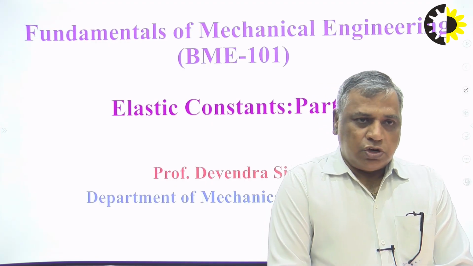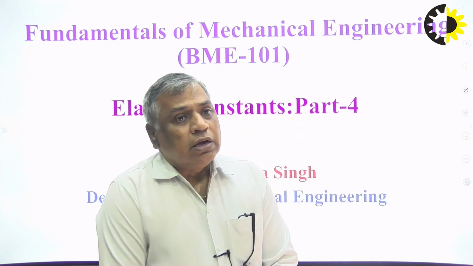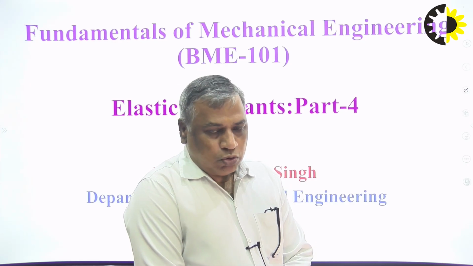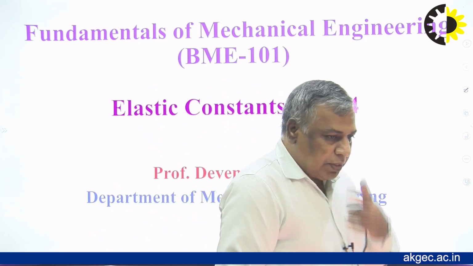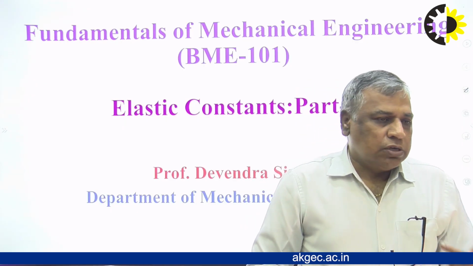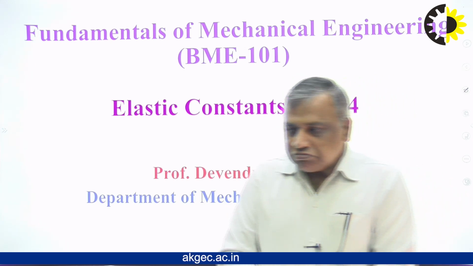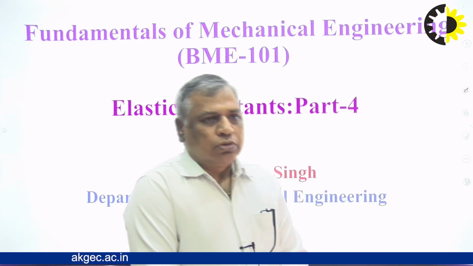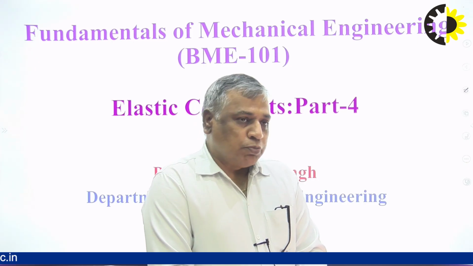The deflection at the elastic point was not given in that problem. Only the deflection corresponding to a particular load, 160 kilonewton, I think, was known. So we used the relation P upon A is equal to E delta upon L, which is nothing but the modification of sigma is equal to E epsilon. Epsilon is deflection upon the original length, and sigma is force upon area.